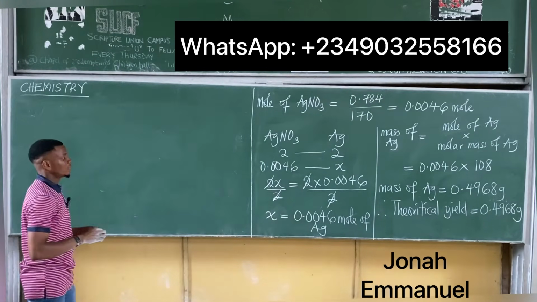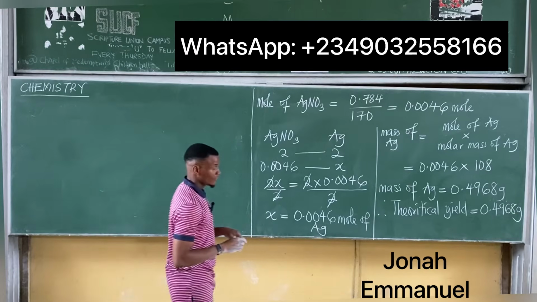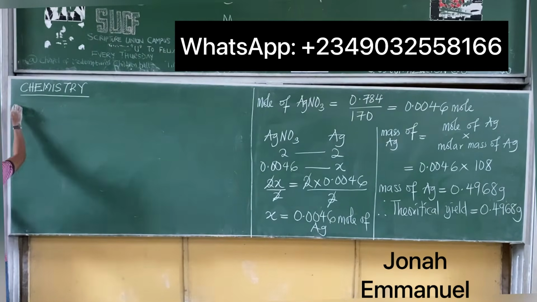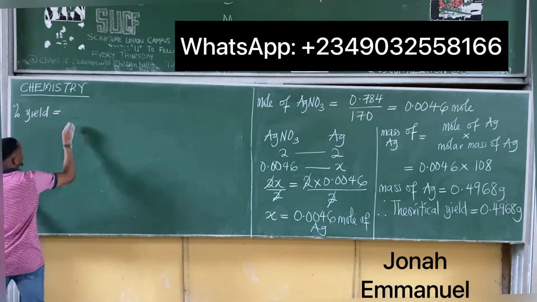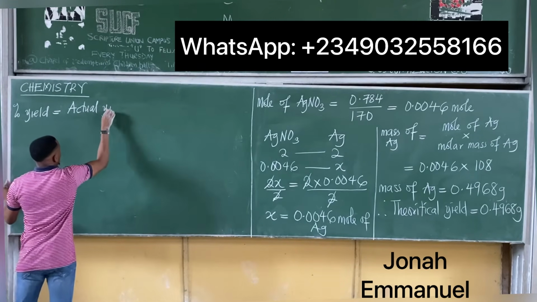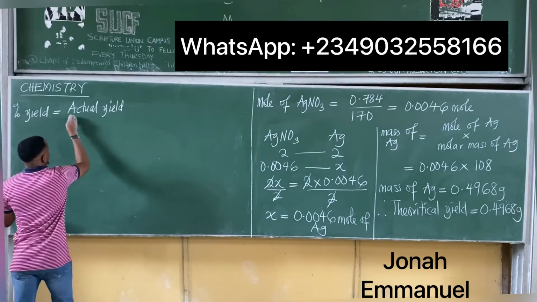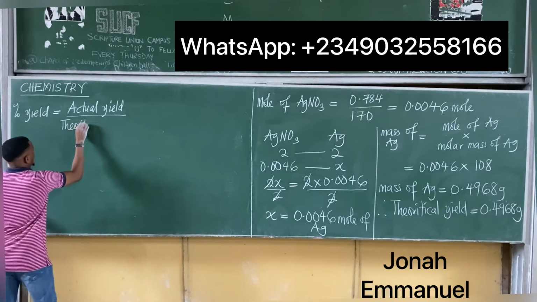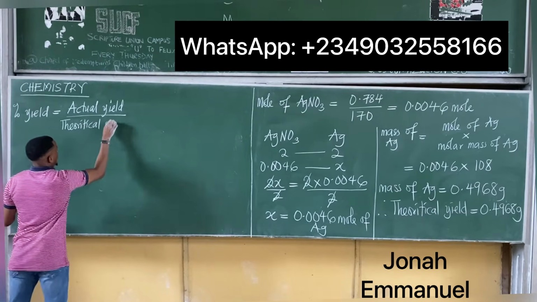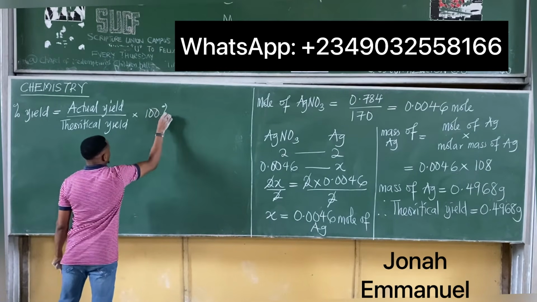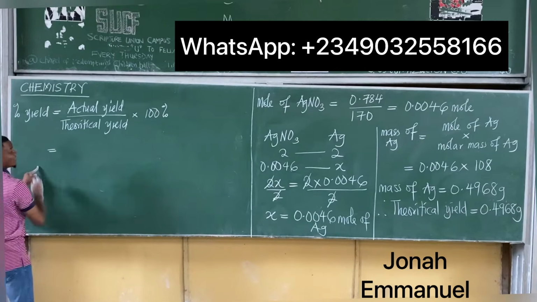We are asked to find percentage yield. Percentage yield is equal to actual yield all over theoretical yield times 100%. Actual is how many?